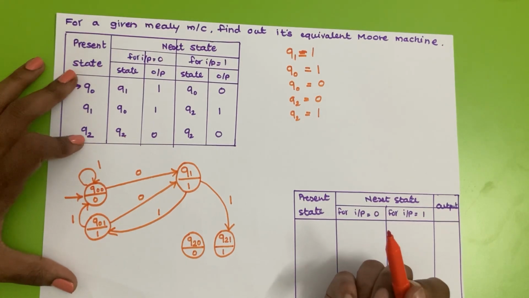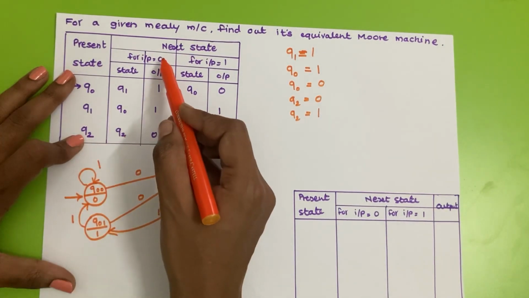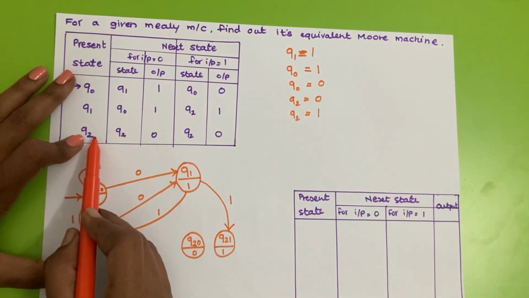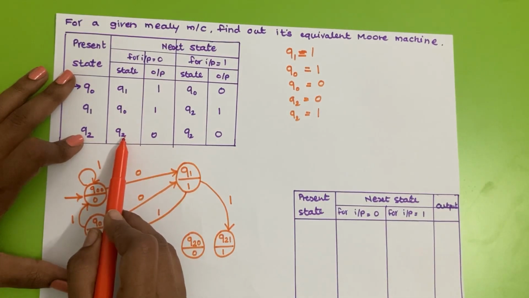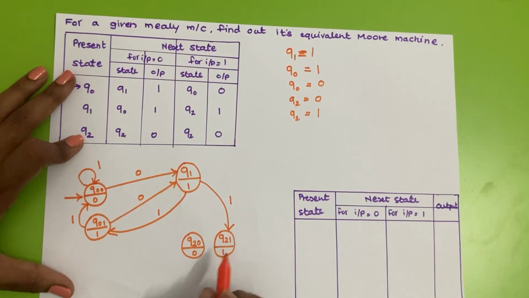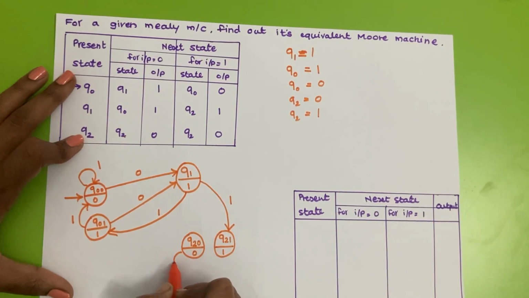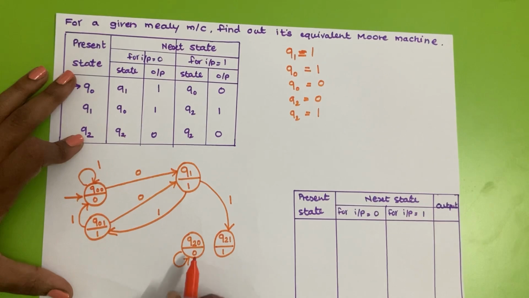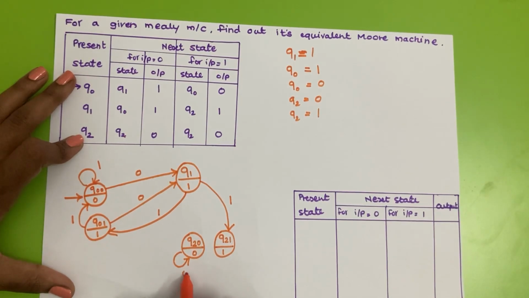Okay, now next Q2 to Q2 0. Here we want output symbol 0, so this transition will come from both the states, that is from Q2 0 to Q2 0, which will be a self loop for 0, and from Q2 1 to Q2 0 for input symbol 0.